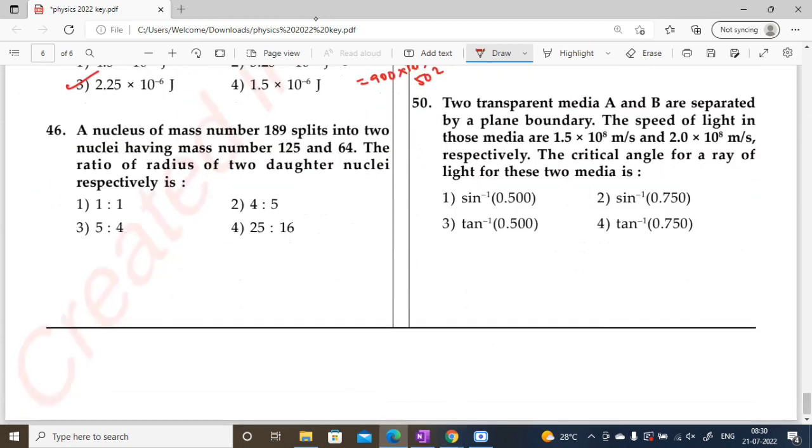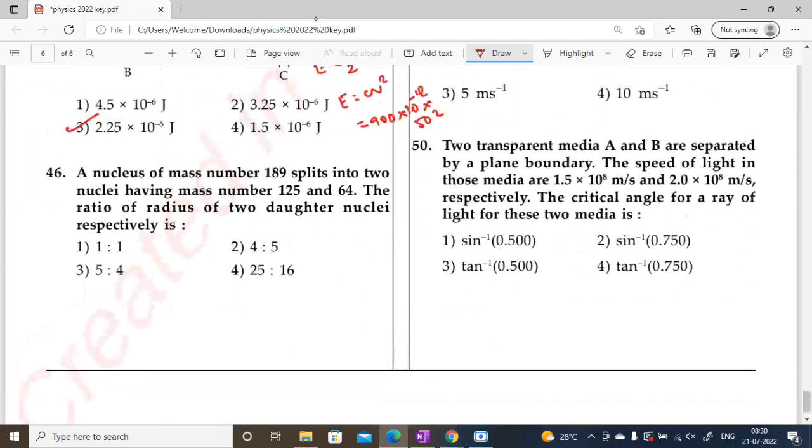A nucleus of mass 189 is splitting into two nuclei having the mass numbers 125 and 64, and the ratio of the radii of the two daughter nuclei is dash. We know the relation between the mass number and the radius. It's a direct relation: R equals R naught into A power 1 by 3.